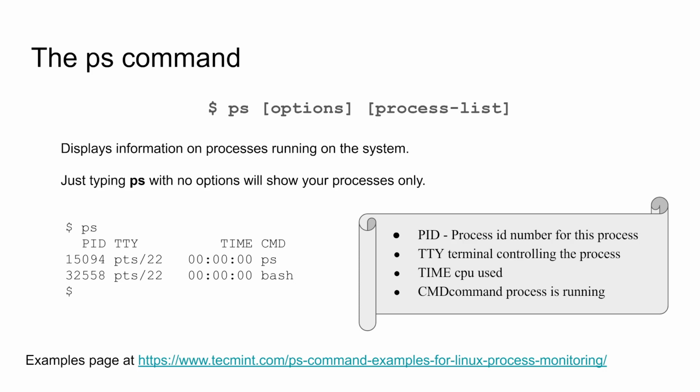Terminal type is the identifier used to identify the terminal that I'm connected on, right? My login shell has this terminal connection, and so that string identifies it within the terminals. It's a holdover from days gone by when there were terminals. So anyway, pts/22 is my terminal, and then time indicates how much time slice has been used by this process, and then the command is the actual command which the process is running.